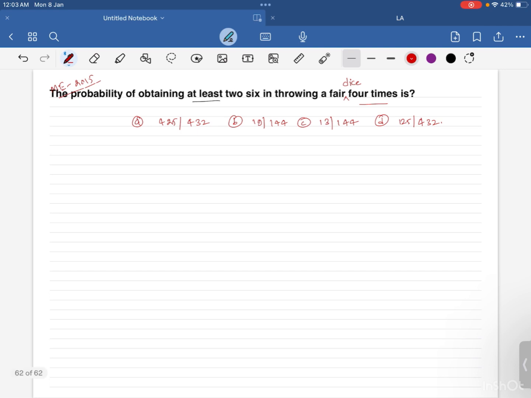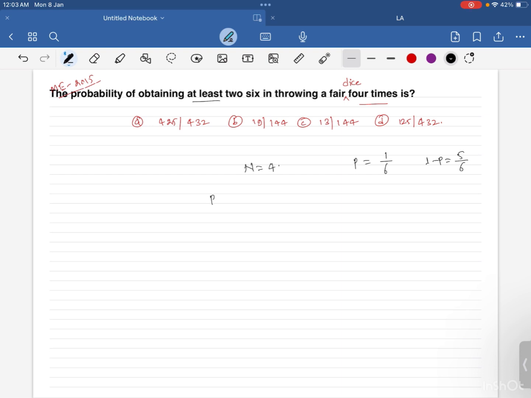The probability that we will get a 6 is 1 by 6, and the probability that we will not get a 6 is 5 by 6, right? So this success-failure event is a binomial, and the number of trials we have done is 4, right?